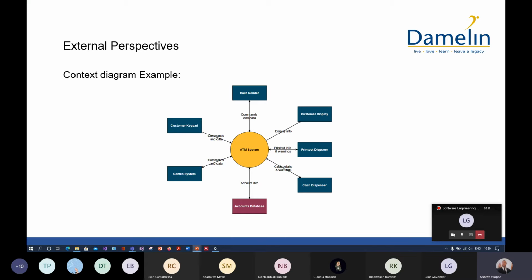So this is how a typical context diagram would look like. Now, a context diagram is an example of an external perspective because it shows the system along with all other subsystems that it has to interact with.